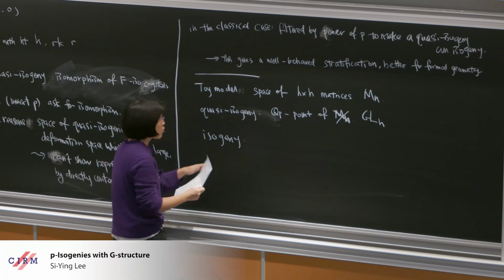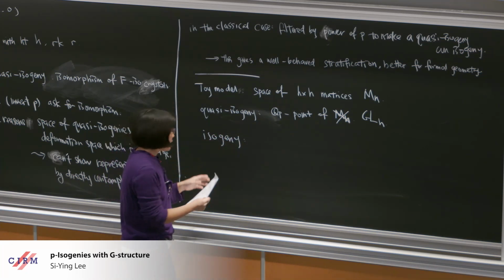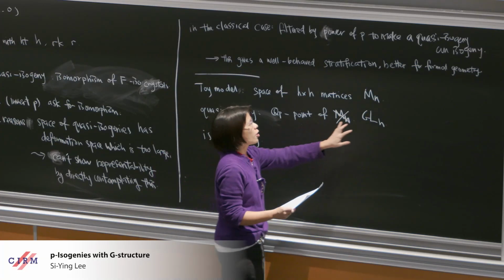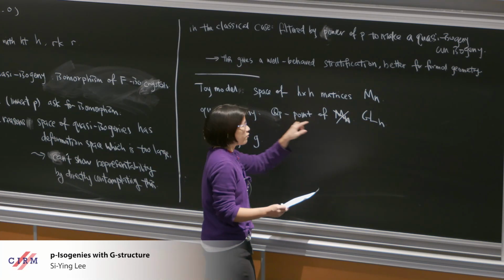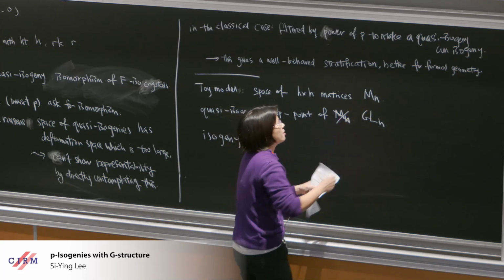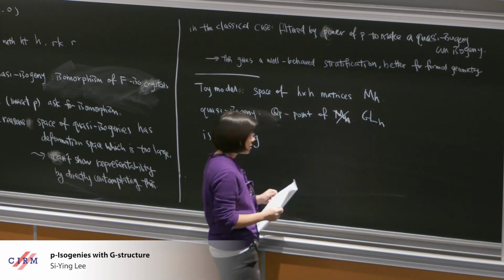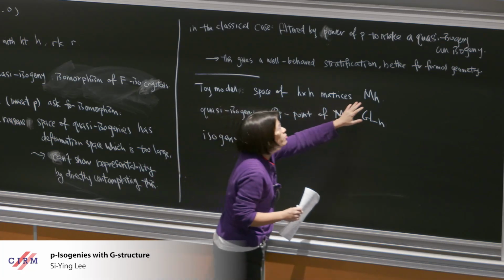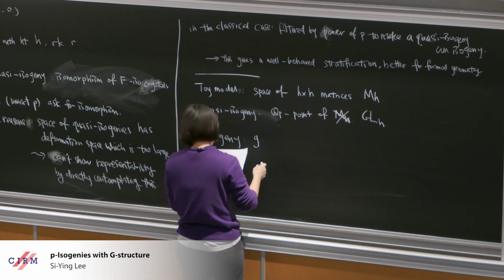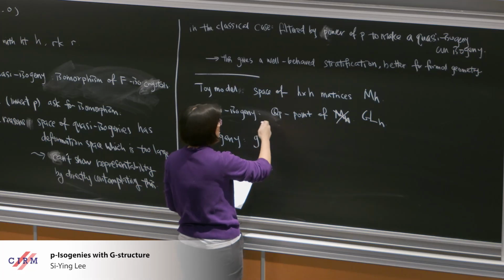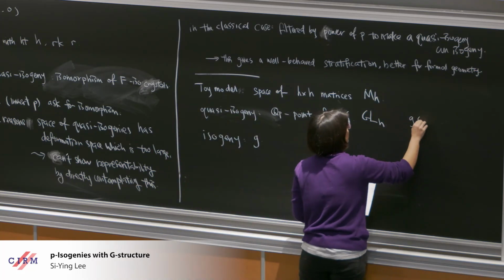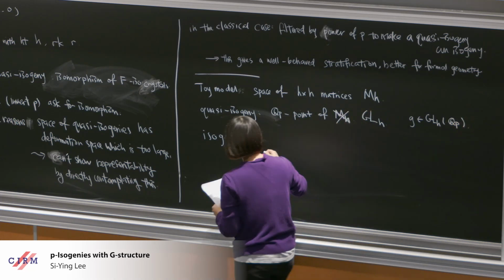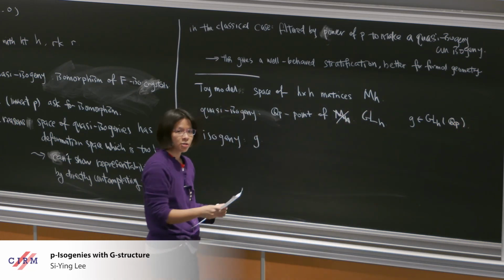When you get an honest isogeny, you get a QP point of this GLH, and GLH embeds in this space of H by H matrices. Then you can ask: when does it extend to a ZP point of this MH? So an isogeny is, let's call this G in GLH QP. And an honest isogeny, sorry.